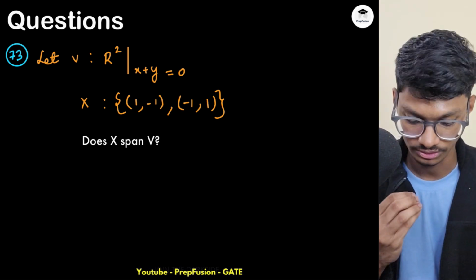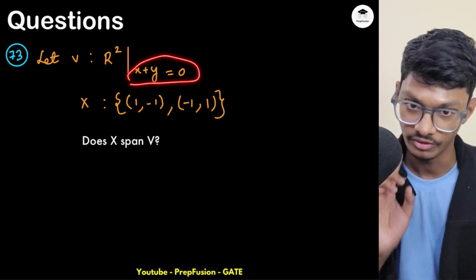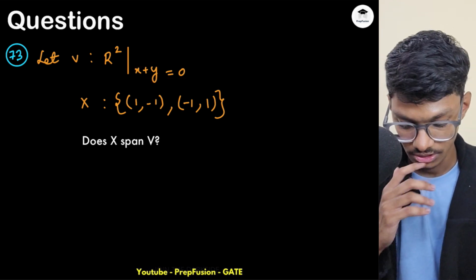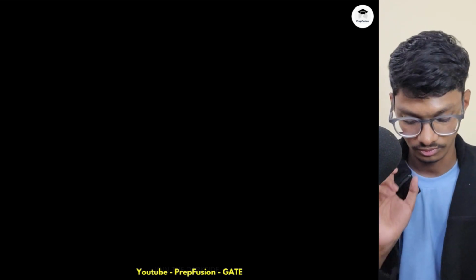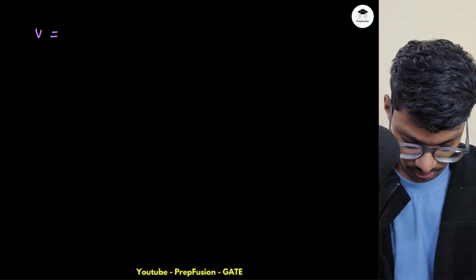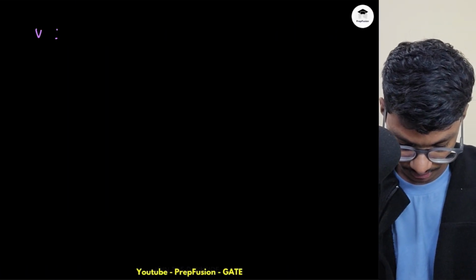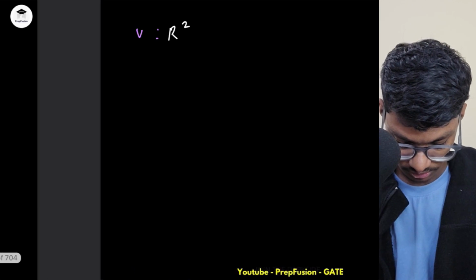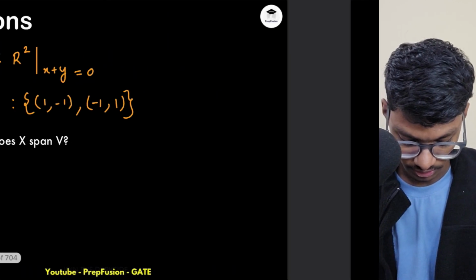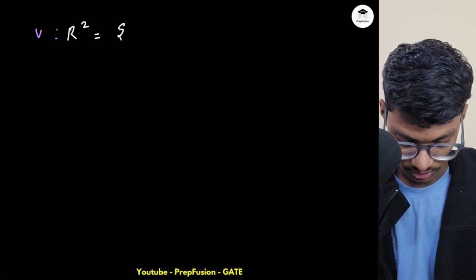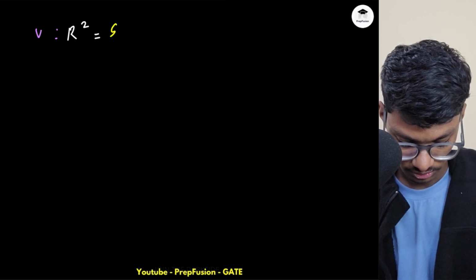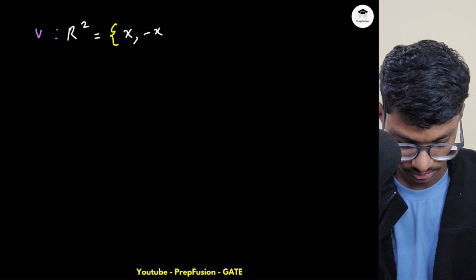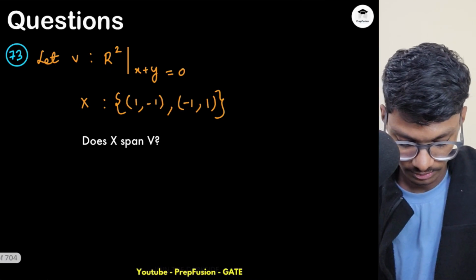So how will you do this? In this case we have a condition over here, so we have to take care of that also. So first let me do one thing: V I can rewrite like this, that it is R square, which will be equal to x and minus x.